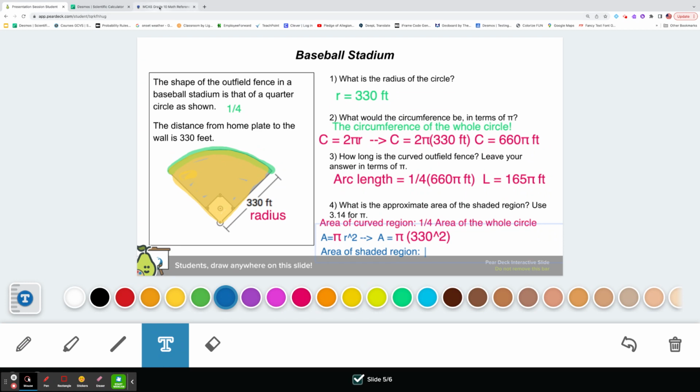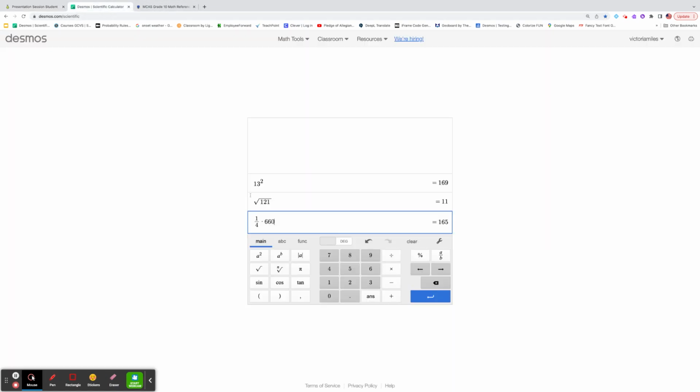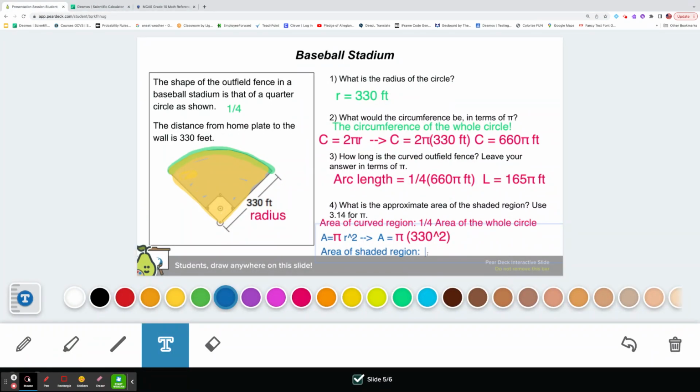I'm going to do 330 squared, and I'm going to divide that by 4. And it's going to be 27,225 pi square feet.